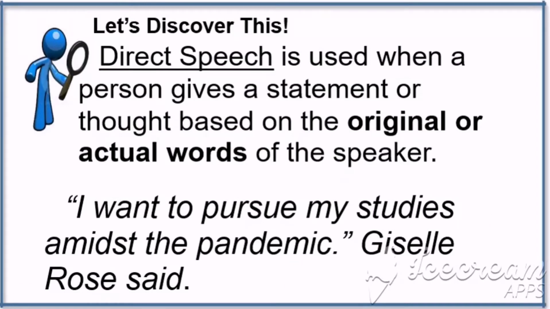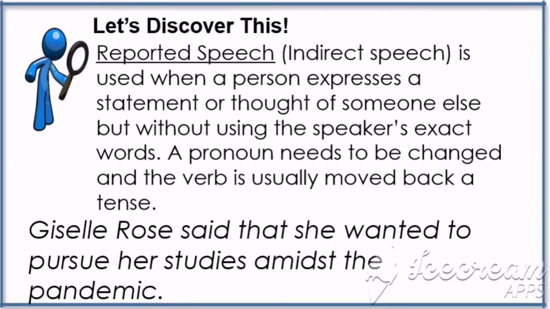Example here, I want to pursue my studies amidst the pandemic, Giselle Rose said. While reported speech, or we can call it indirect speech, is used when a person expresses a statement or thought of someone else, but without using the speaker's exact words.